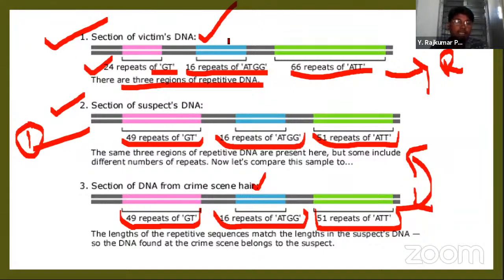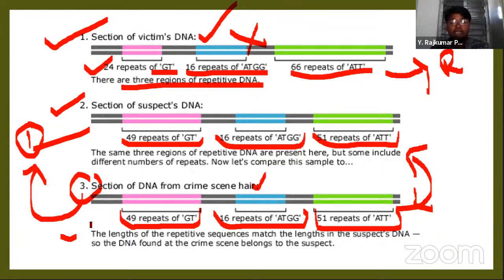So the victim is not the culprit, he is innocent, but you can see the suspect's DNA is matching the DNA from the crime scene. That means the samples collected from the place where the crime happened show that the crime was committed by suspect number 1.